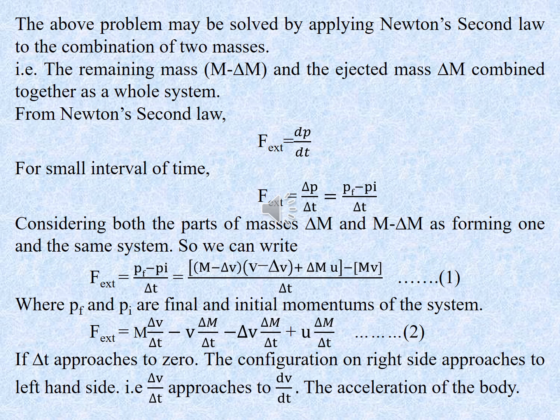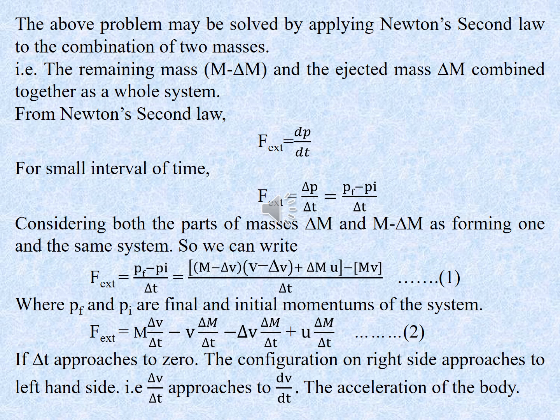After solving the above equation, we get F external is equal to m into delta v by delta t minus v delta m by delta t minus delta v into delta m by delta t plus u delta m by delta t. That is equation 2. If delta t approaches 0, the expression on the right side approaches the left-hand side.